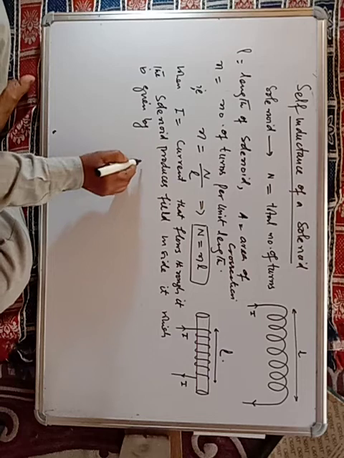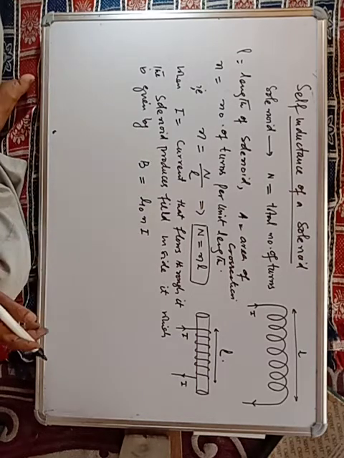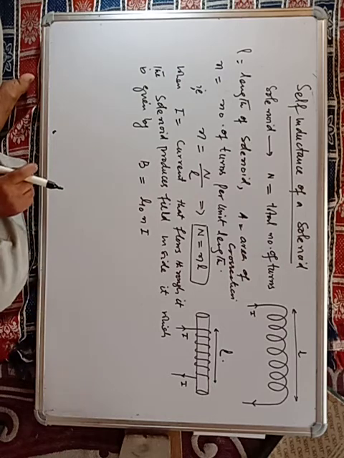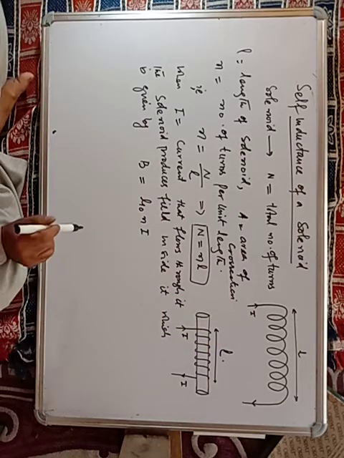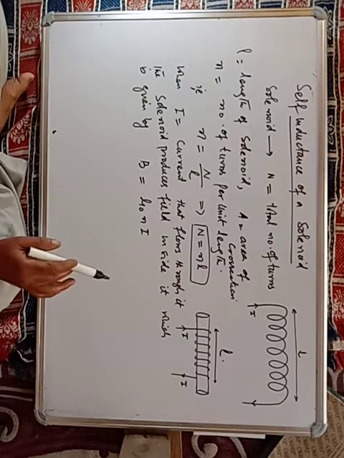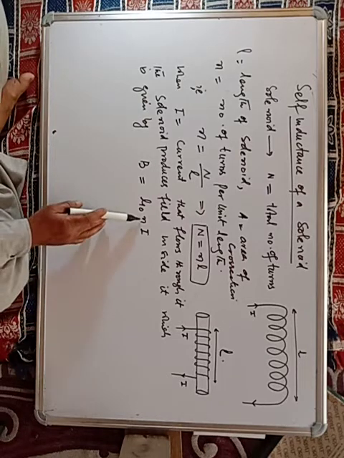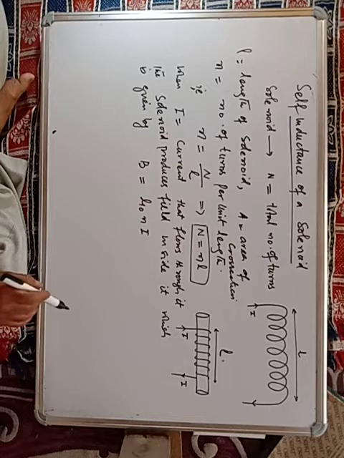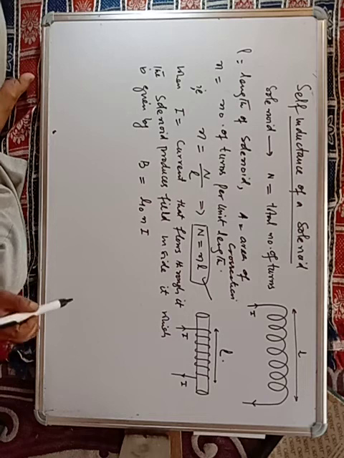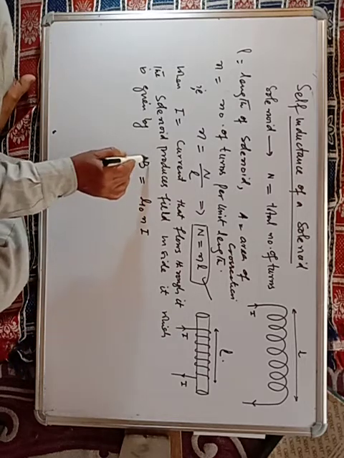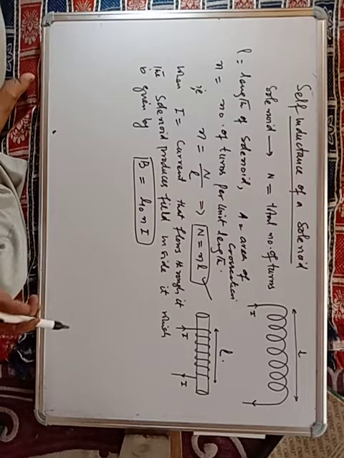So B is equal to mu naught n I. Mu naught means it is the permeability of free space. That means there is no core material inside the coil, or it is an air core inside the coil. n is the number of turns per unit length and I is the current. What is the field produced by the solenoid when current flows through it? That is mu naught n I.